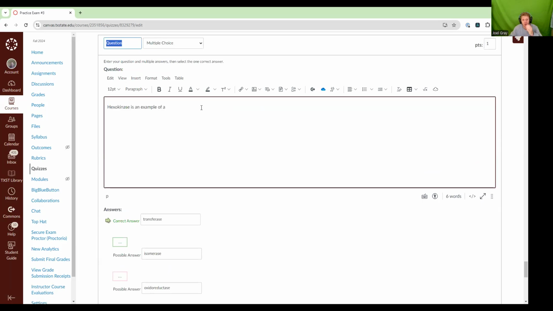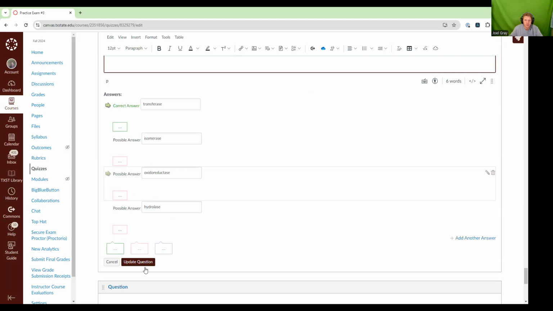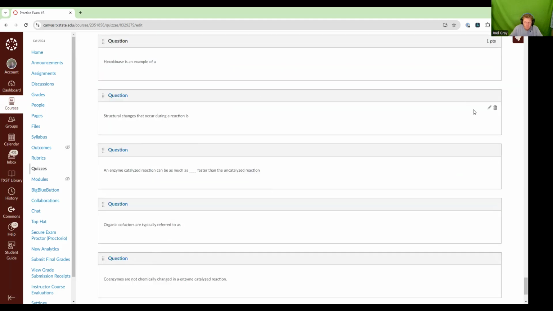Hexokinase is an example of, here's where we bring in the classifications of enzymes, a hydrolase, oxidoreductase, isomerase, or transferase. And the correct answer is transferase.